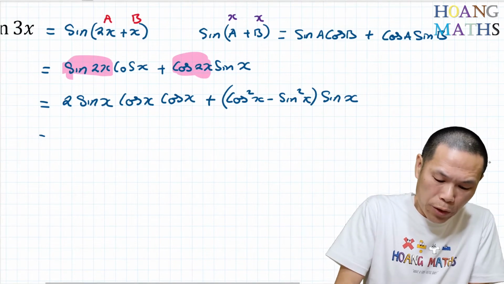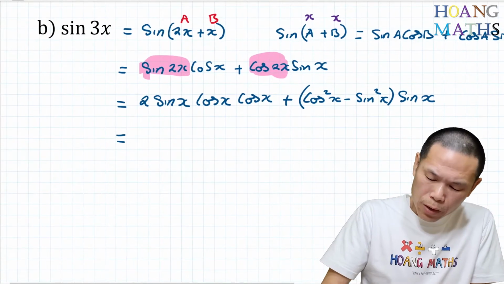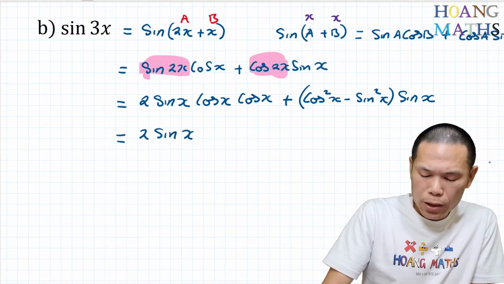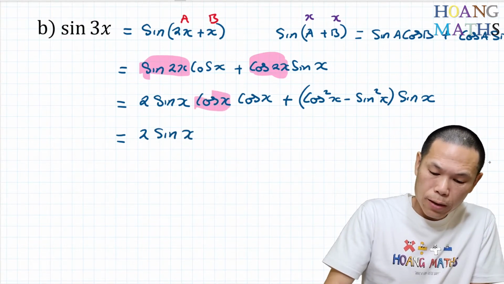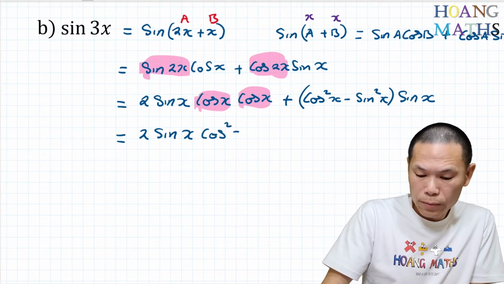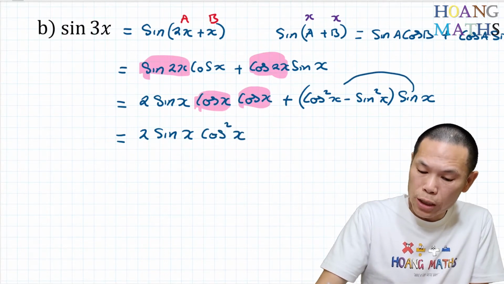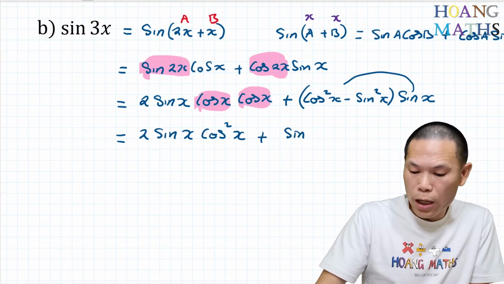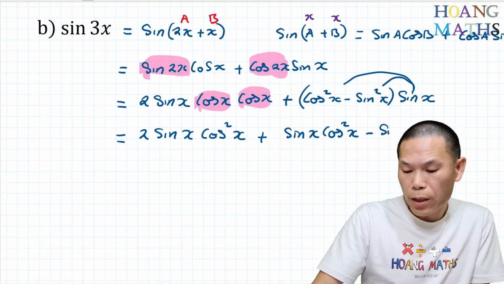So what I do, I just need to expand and simplify a bit further. So this one will give me 2 sine of x cos x, and we times by cos x, which is cos square of x. And for this term here, which we expand, that will plus sine of x cos square of x. And this term together minus sine power 3 of x.